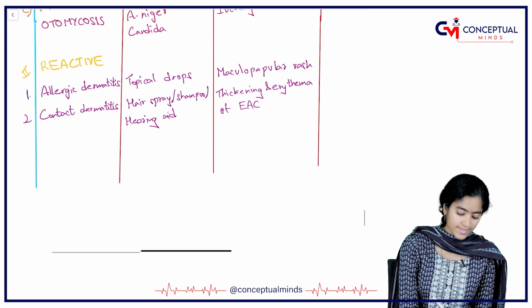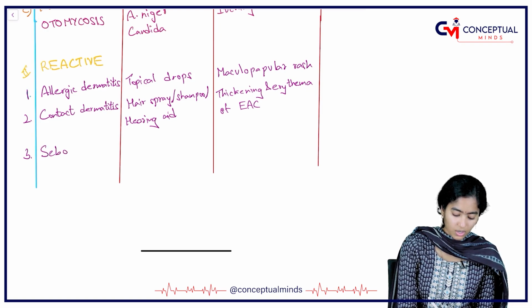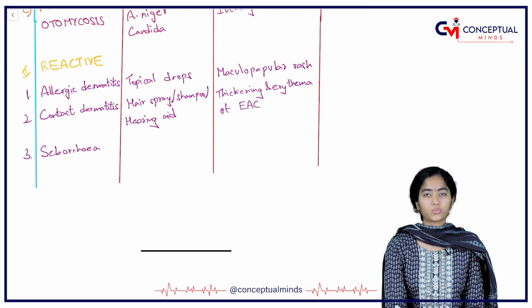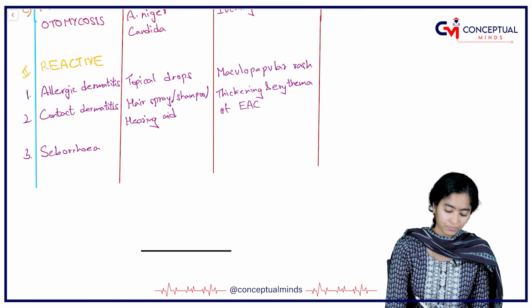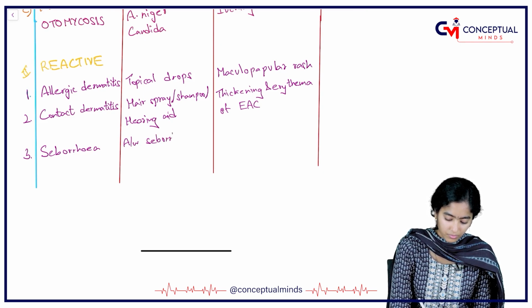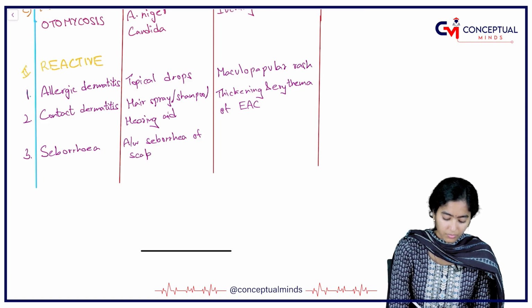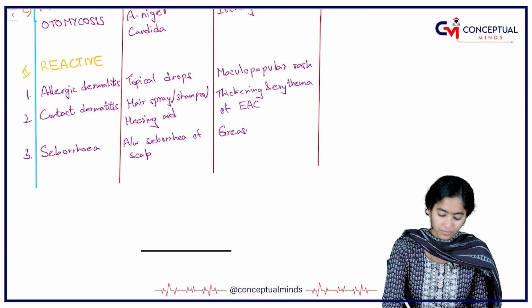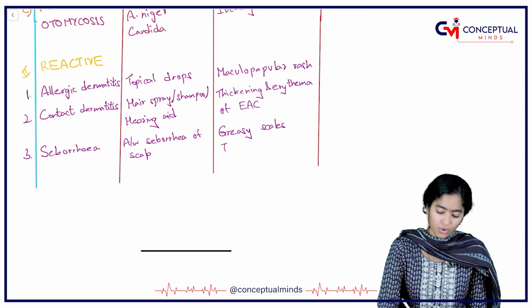The next condition is seborrhea of external auditory canal. This is usually associated with seborrhea of the scalp. It is characterized by greasy scales, and the patient complains of itching.